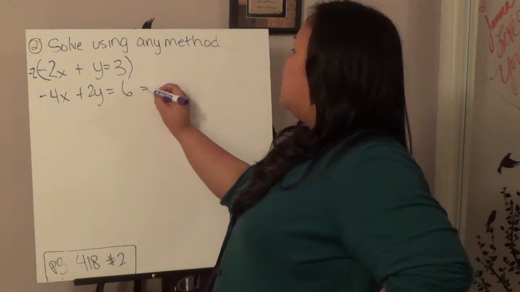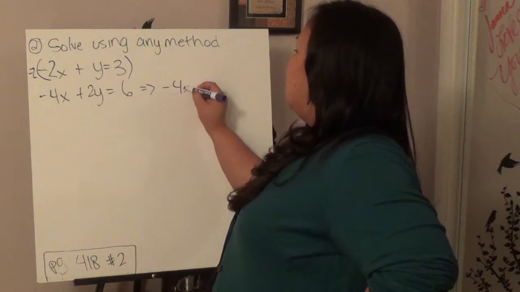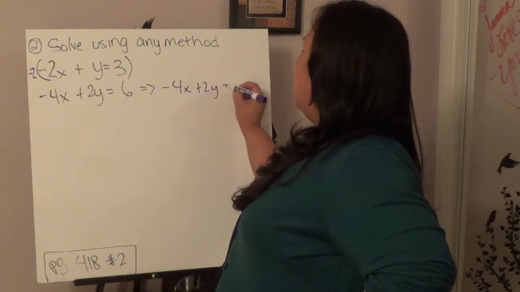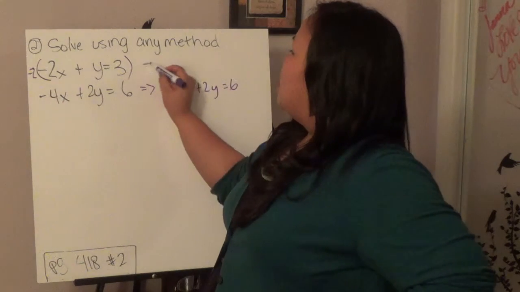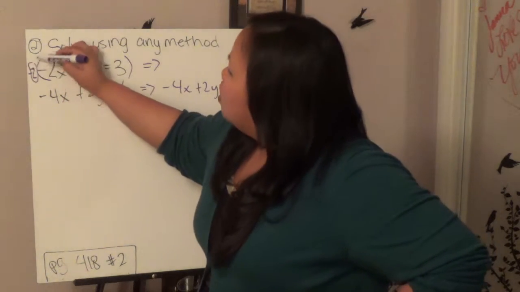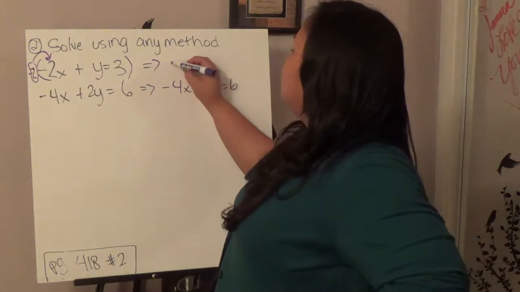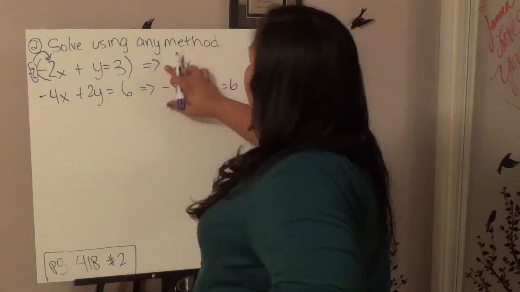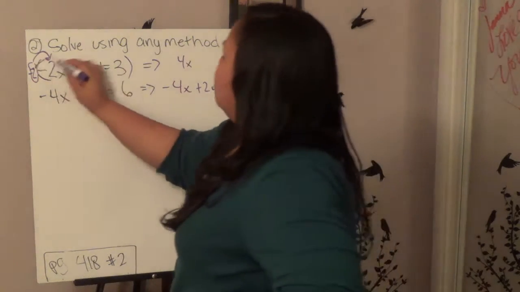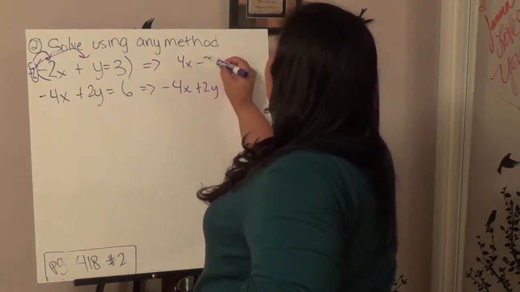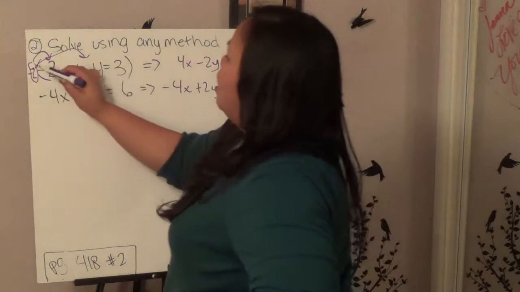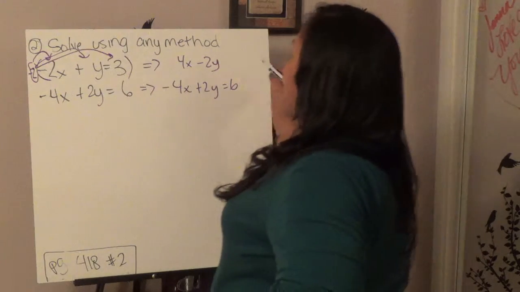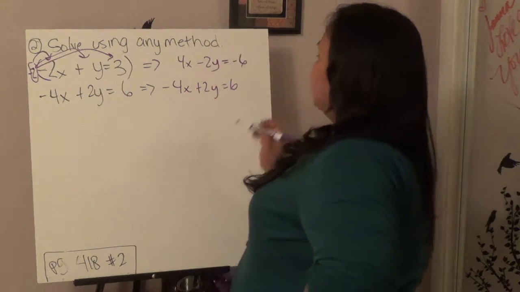So I'm going to bring this over, and then I'm going to bring this over. Negative 2 times negative 2x gives me negative 4x. Oh, sorry, a negative and a negative give me positive 4x. And then negative 2 times y gives me negative 2y. And then negative 2 times 3 gives me negative 6.